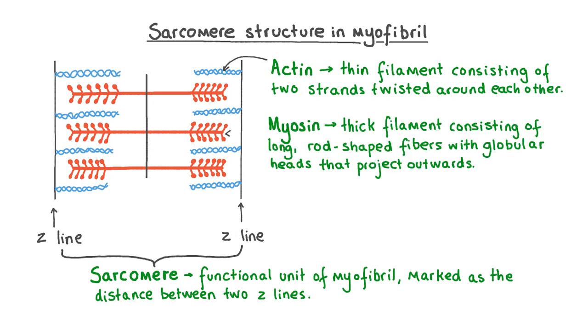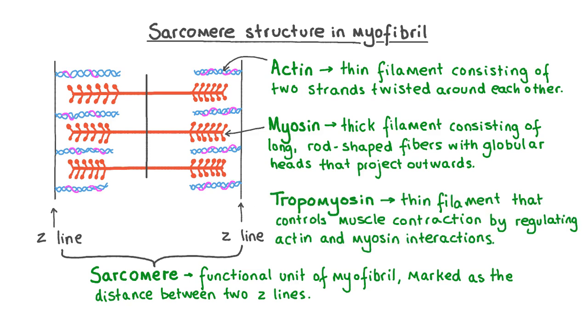The sarcomere also contains thicker filaments called myosin, consisting of long rod-shaped fibers with globular heads that project outwards. The myofibrils also contain thin filaments called tropomyosin, which have been shown in this diagram in pink. Tropomyosin regulates the interaction of actin and myosin to control muscle contraction.